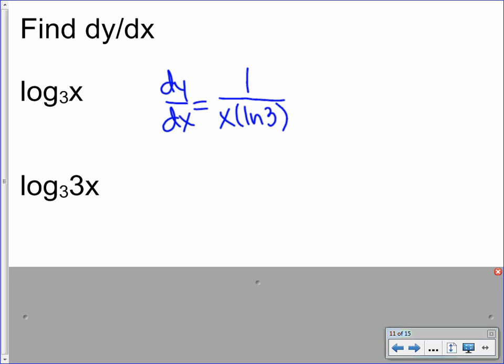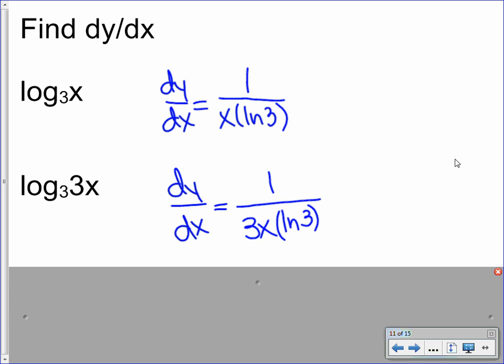Log base 3 of 3x. What's inside the logarithm? 3x. So we have 1 over 3x, and since it's not base e, we have to multiply by the natural log of the base. Times chain rule: the derivative of the inside is 3.